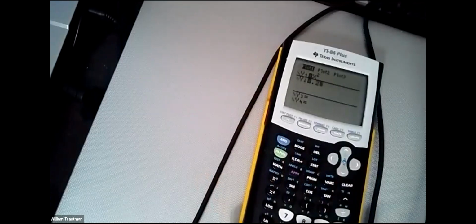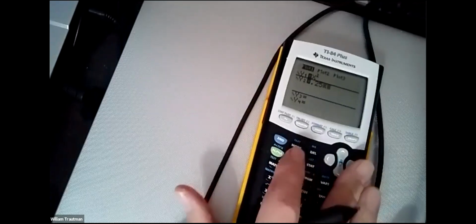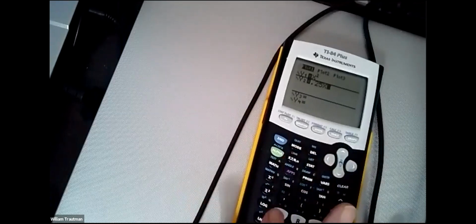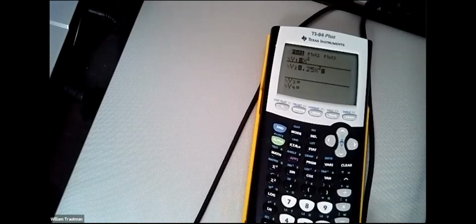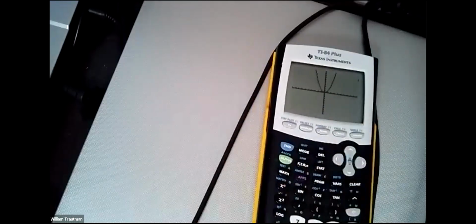So instead of writing an actual fraction, I'm just going to type in 0.25. It's the same thing as a fraction, just the decimal equivalent. So if I do a decimal or a fraction less than 1, there's the original. There's the decimal less than 1. It makes it fatter.